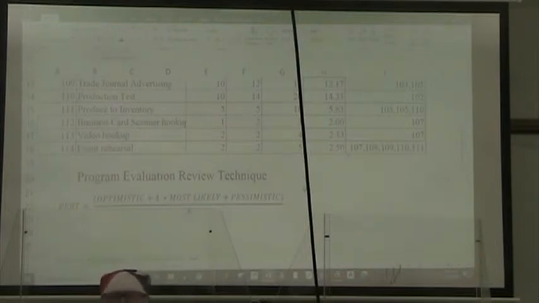We're not going to test you on this, so you need have no anxiety in that regard. However, you are going to need to be aware of this technique when you go out into the real world to manage projects. You may work for an organization such as the U.S. government that wants this kind of analysis.